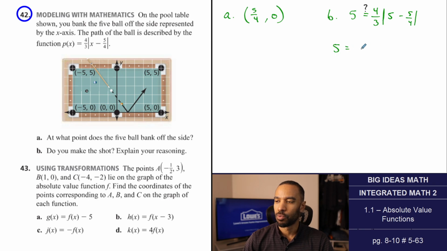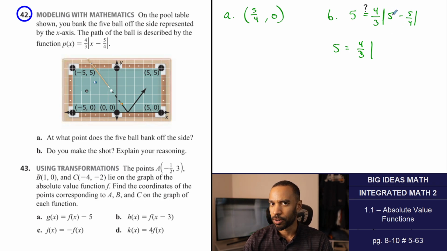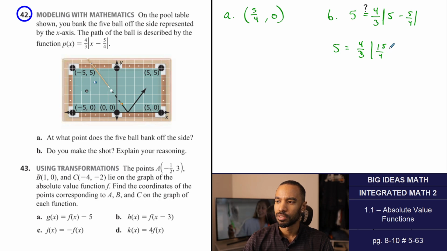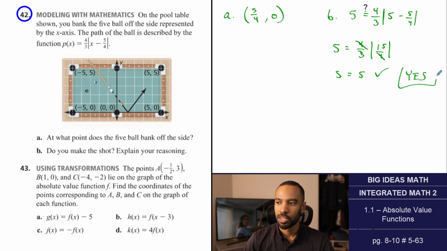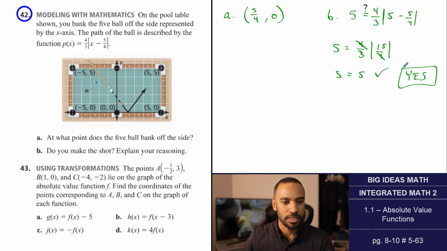Does 5 equal 4/3 times the absolute value of 5 minus 5/4? 5 is 20/4. 20/4 minus 5/4 is 15/4. The absolute value of 15/4 is 15/4. 4 over 4 is 1. 15 over 3 is 5. Yeah, 5 equals 5. That checks out. So you know what? Yes. The question was, do you make the shot?